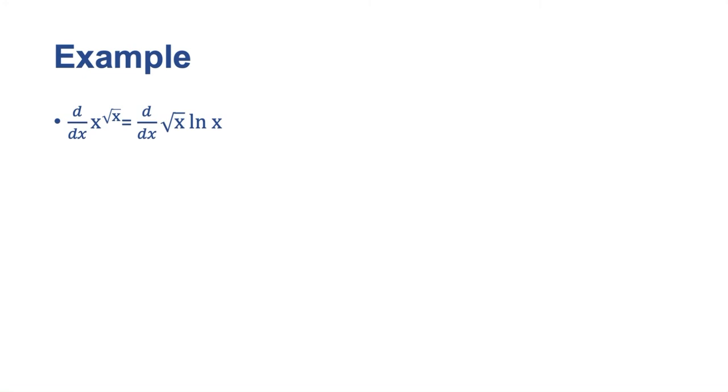And now we can just apply the product rule here, and we will get the square root of x times 1 over x plus ln x times 1 over 2 root x, with 1 over x being the derivative of our natural logarithm and 1 over 2 root x being the derivative of square root x. All right, now we can just do some algebra, and we will get that our derivative is equal to x to the root x times 2 plus ln x over 2 root x. And that is our third example.